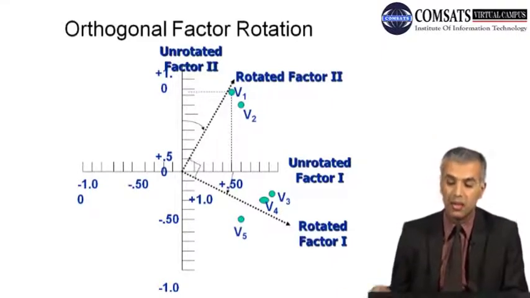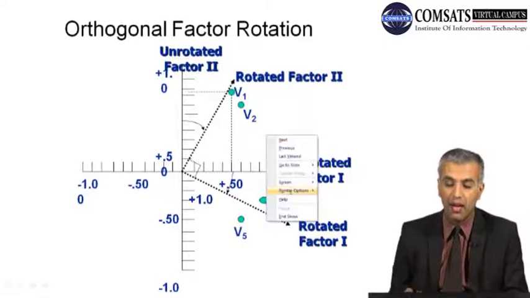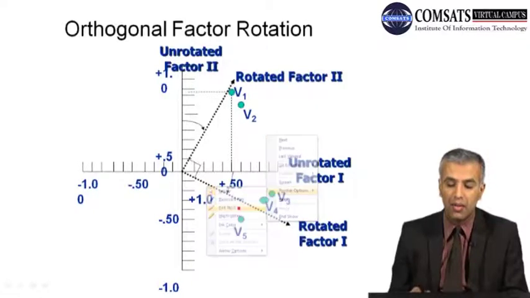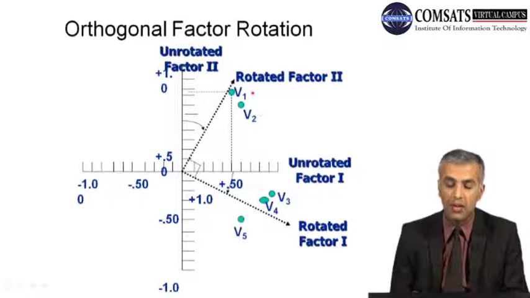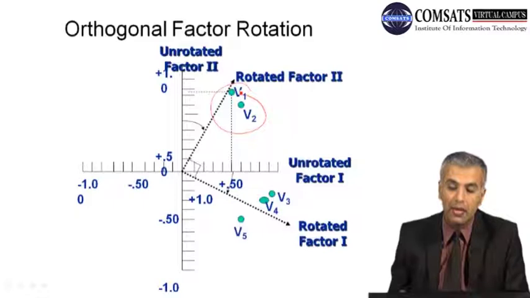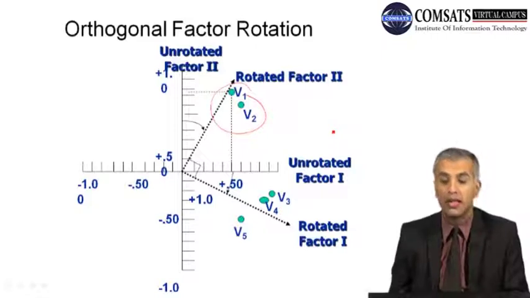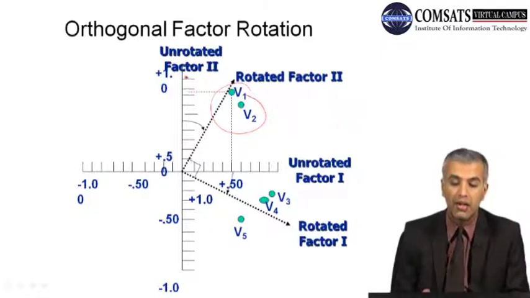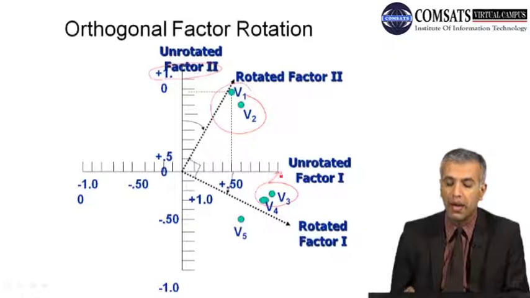It is very clear that we have two variables here, V1 and V2, and based on their location they are more loaded on factor 2, which is represented on the y-axis, and V3 and V4 are loading on factor 1.